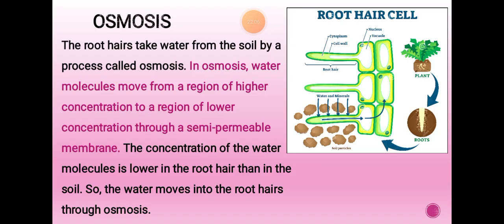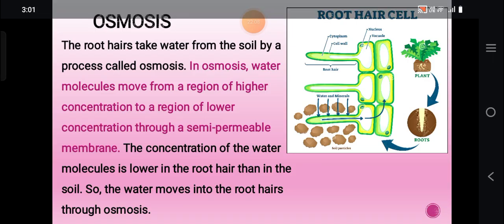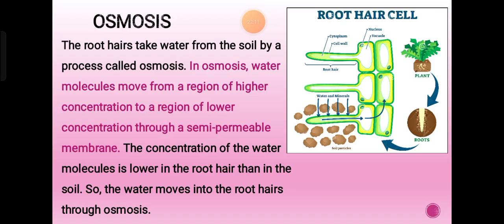Okay, now we have osmosis. The root hairs take water from the soil by a process called osmosis. This is the name of the process by which root hairs take water from the soil.